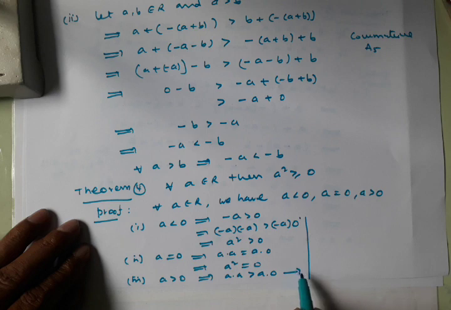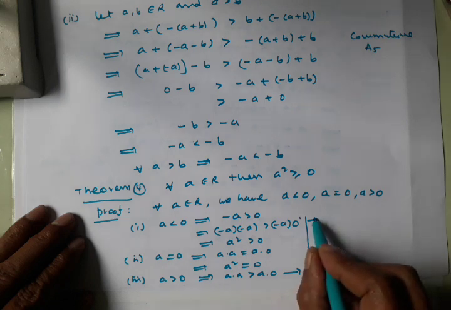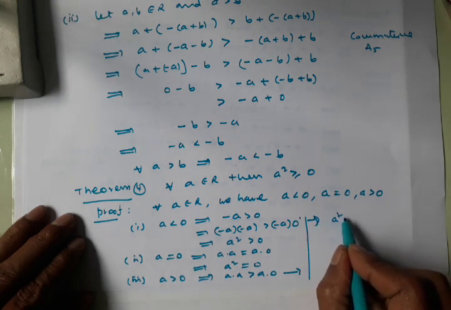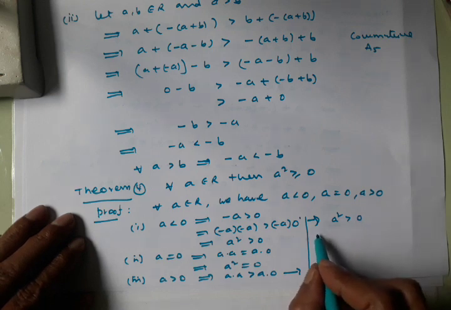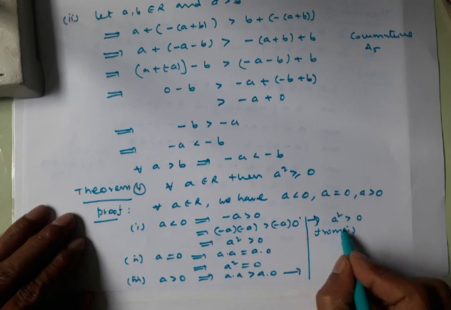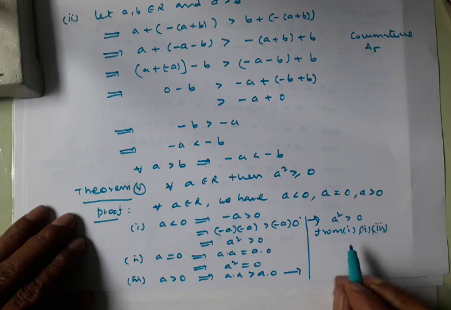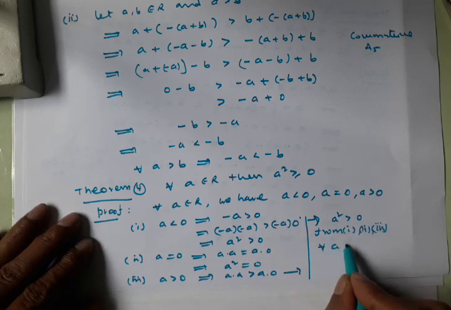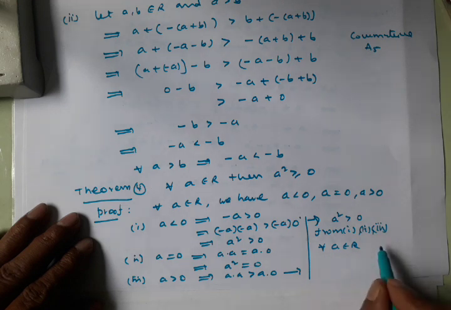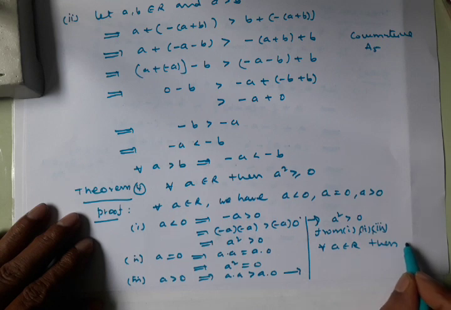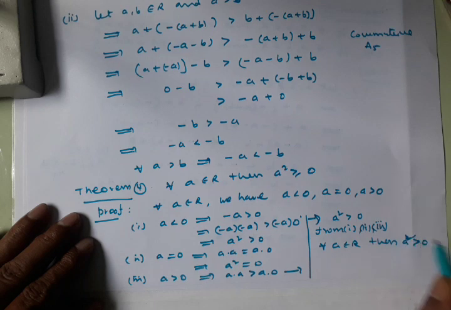In continuation of that, a square is greater than 0. Right. From 1, 2, 3, in any case, whether a is less than 0 or a greater than 0 or a is equal to 0, for all a belongs to R, a square must be greater than or equal to 0.